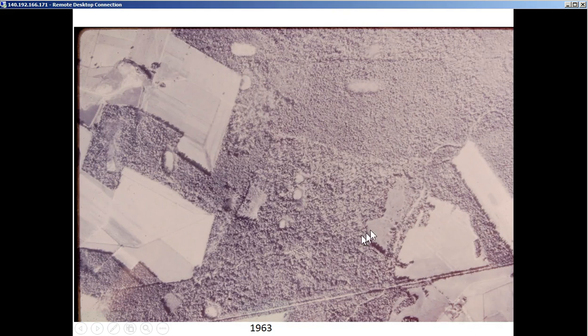This is in the Tradewater River, which is a tributary to the Green River, and so you can see these ponds that are occurring. This is in a rural area, a lot of forest, some farmland here, and so that's 1963.